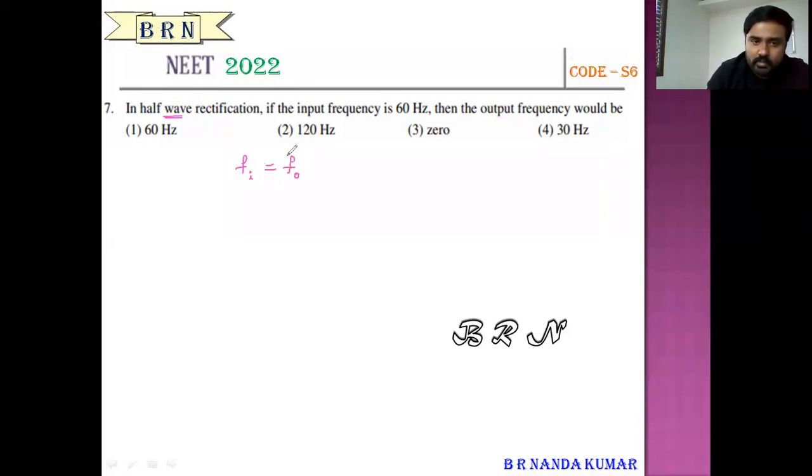Whatever the input frequency is, the same output frequency comes. In a full wave rectifier, the output frequency doubles. So this is a direct question, very simple. The right answer is option 1, 60 Hz. Whatever the input frequency is, the output frequency is the same.